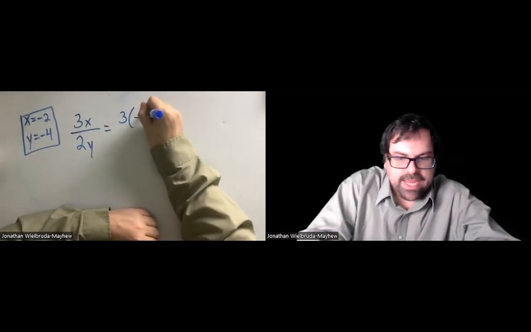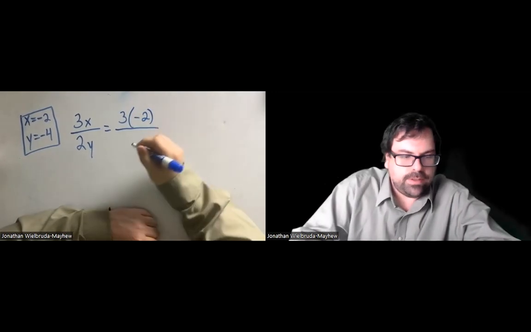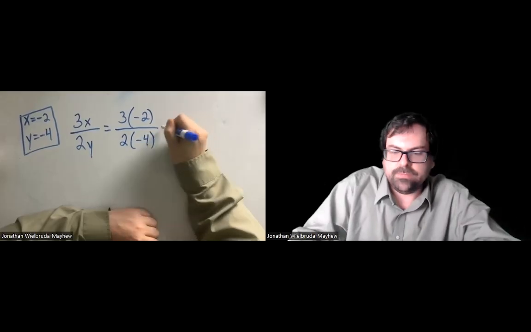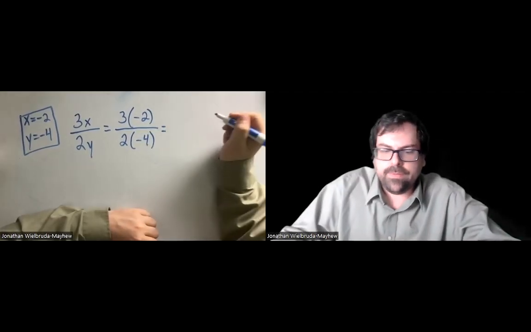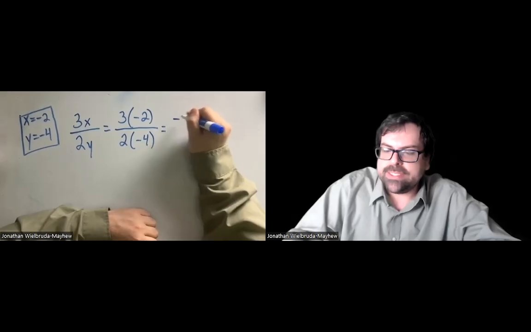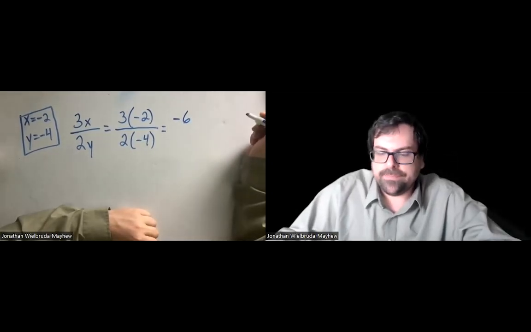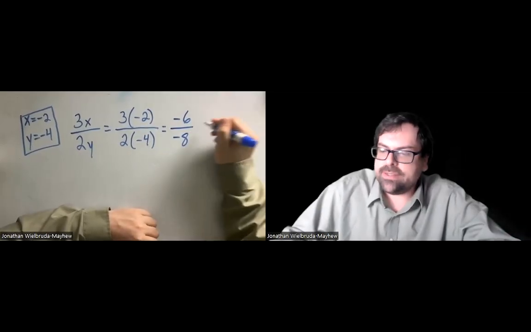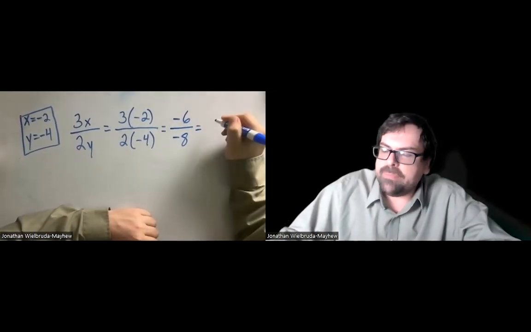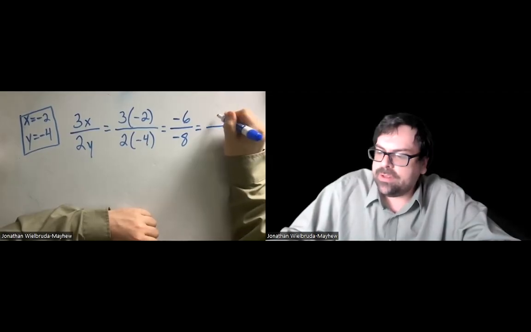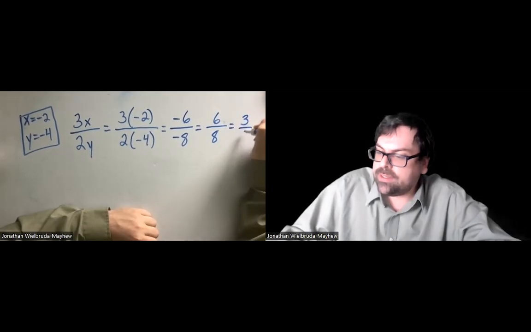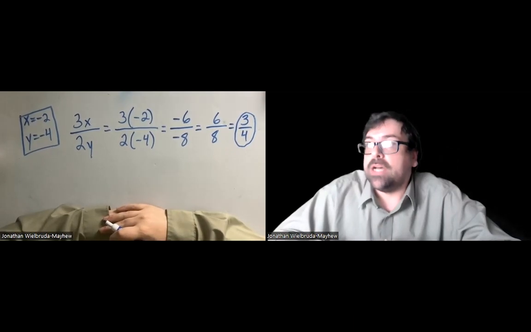That's 3 times negative 2 over 2 times negative 4. 3 times negative 2 is negative 6. 2 times negative 4 is negative 8. Negative divided by negative is positive 6/8, which reduces to positive 3/4.